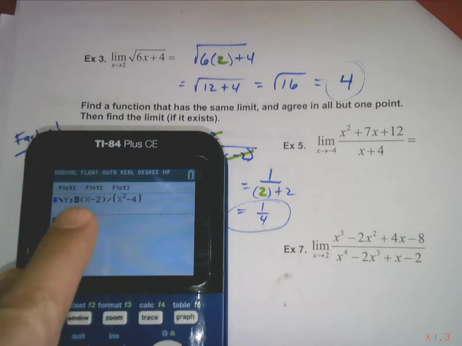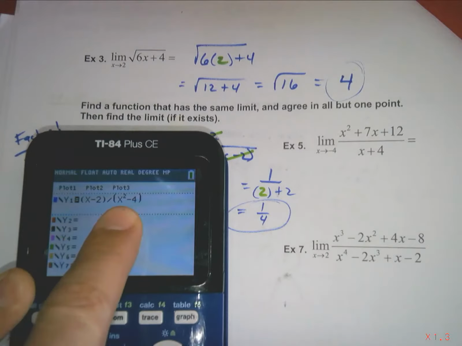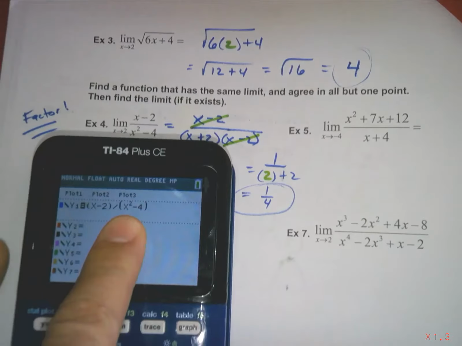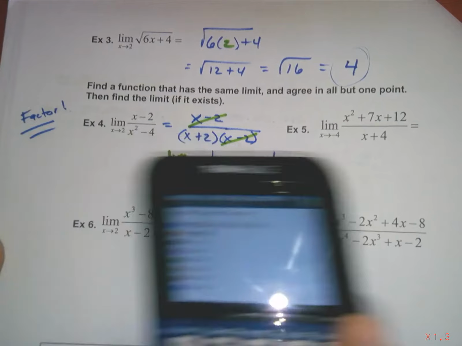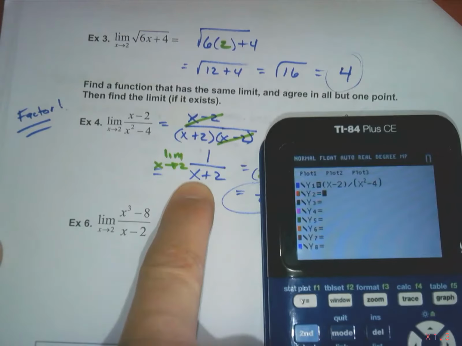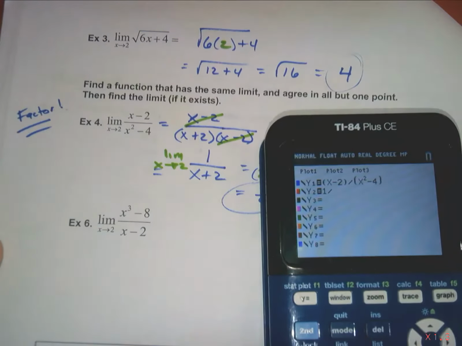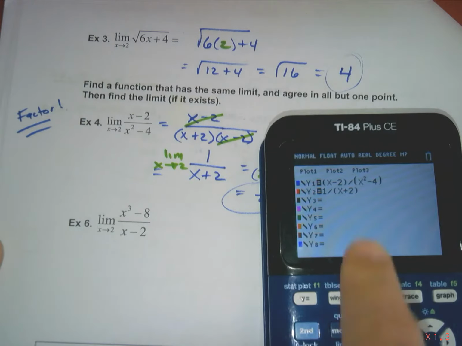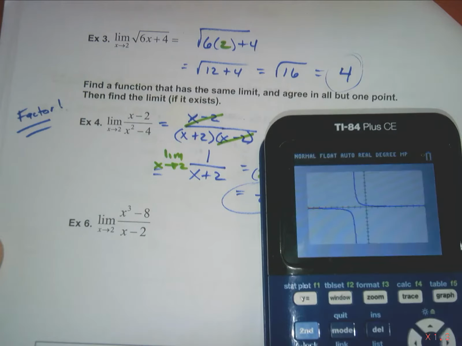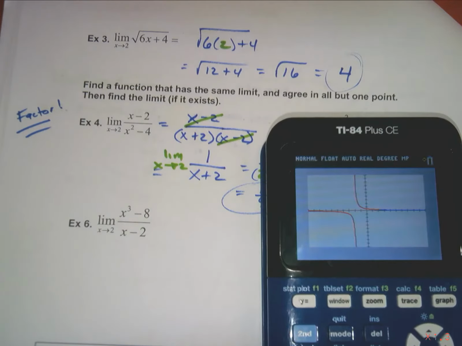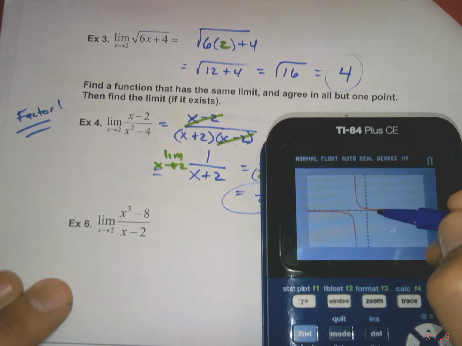Okay? So x minus 2 over x squared minus 4, that's where we started. Now, I'm going to type in this function right here, 1 divided by parentheses x plus 2, and close it. Okay? Those functions, as you look, the blue one was the first one, and now the red one is literally tracing over it. Right? The difference is right here at +2.